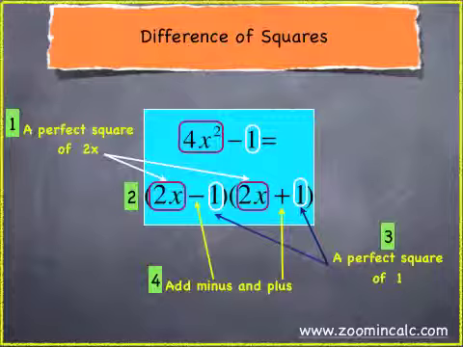So going ahead and doing that, you basically have factored 4x squared minus 1 into two binomials, 2x minus 1 and 2x plus 1, basically two factors. And that's how you utilize difference of squares. The concept can only be used, though, if you have two perfect squares and a minus sign in between.